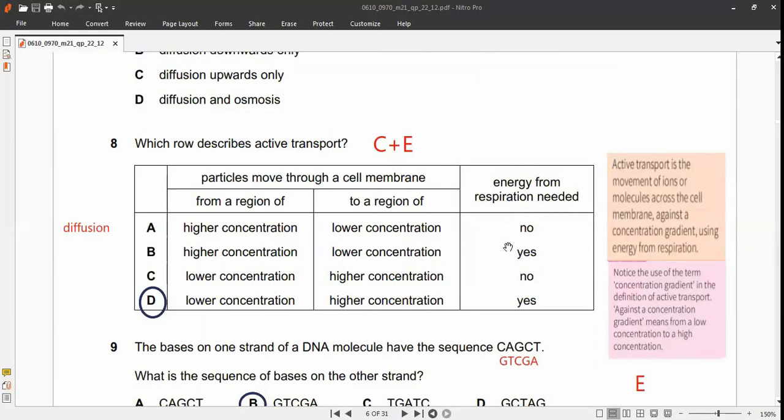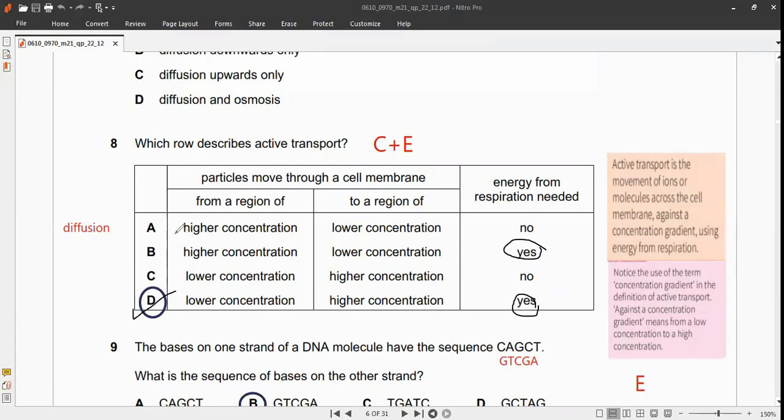So here we need energy. But from low concentration to higher concentration. So the correct answer is D.